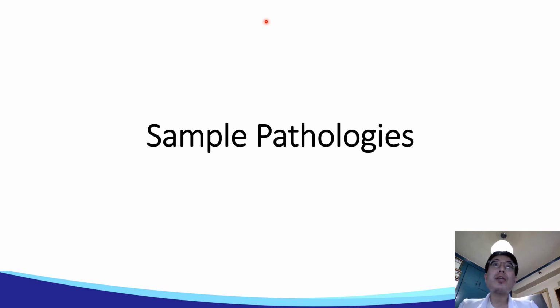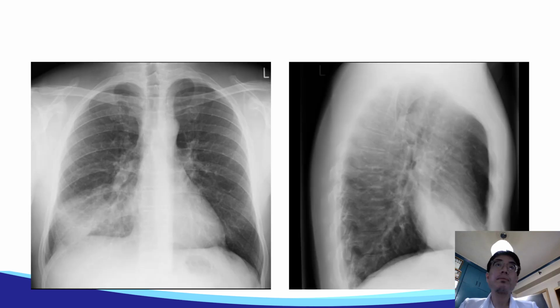That was a normal chest x-ray, but before we end, let's look at three of the most common chest pathologies that we and you can encounter in the clinic and in the community setting. For our first case, we have the chest x-ray both in PA and lateral projections of a 35-year-old male with a 3-day history of cough and fever.